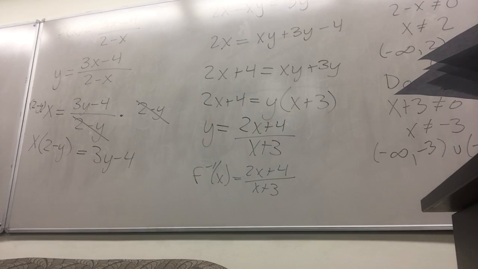So, domain of f is -infinity to 2, 2 to infinity. Range of f is -infinity to -3, -3 to infinity. And then they just switch for f inverse, right? So, essentially, find your two domains, and you have your ranges, right?